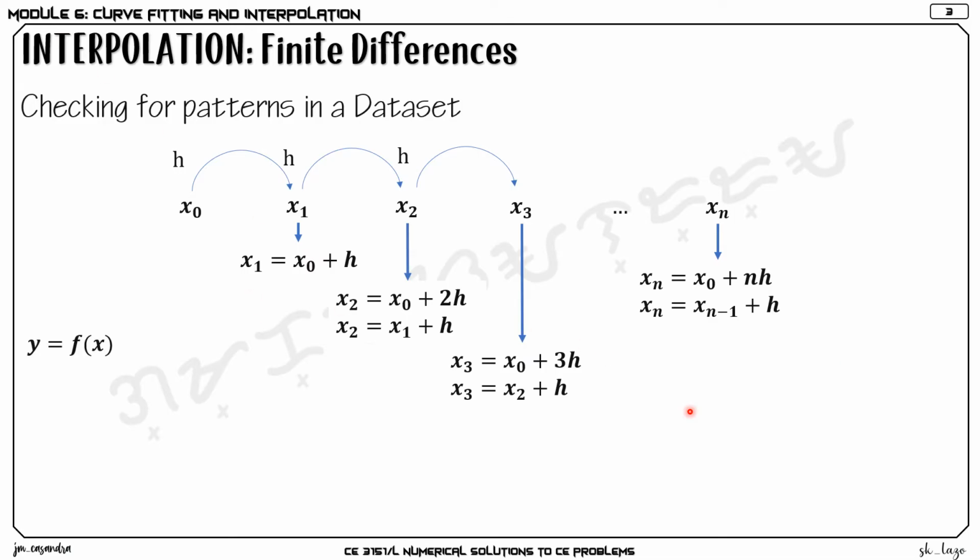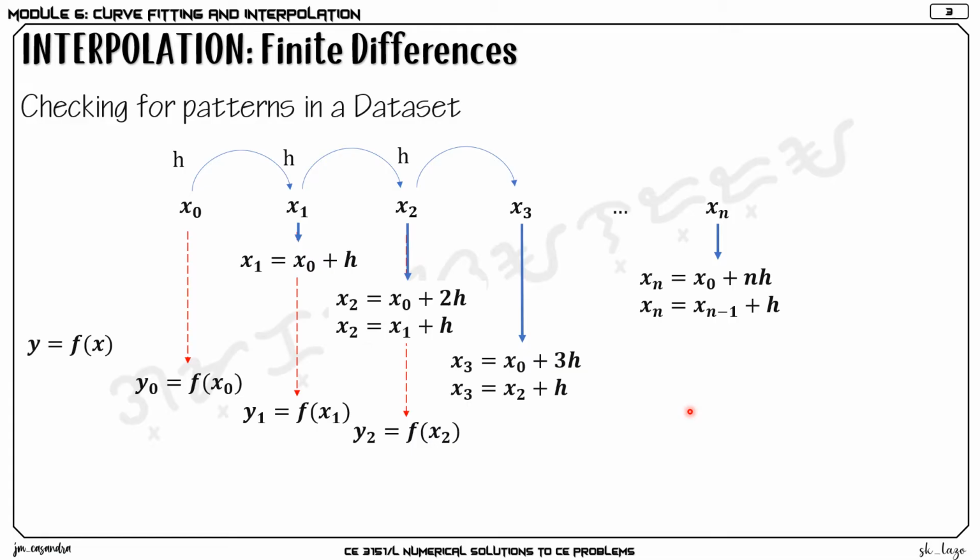Given now that y is a function of x, we could also write the pattern of the equations of y for each value of x as y sub 0 is equal to f of x sub 0, or for y1, that is the function of x sub 1.